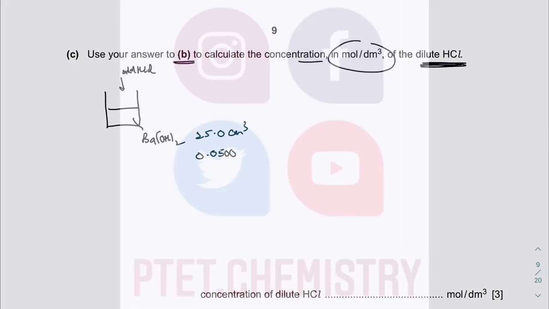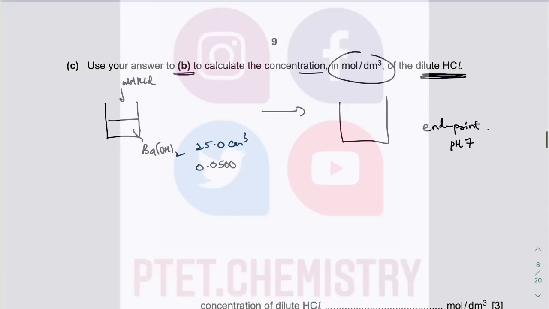So endpoint. So what is meant by the endpoint? The pH 7. By that time, you still have 25.0 cm cube barium hydroxide, which is 0.0500. Capital M refers to mole per dm cube. You must have seen it before.